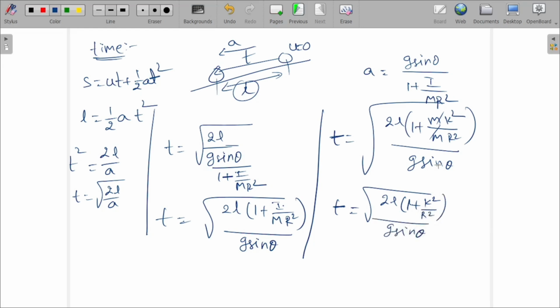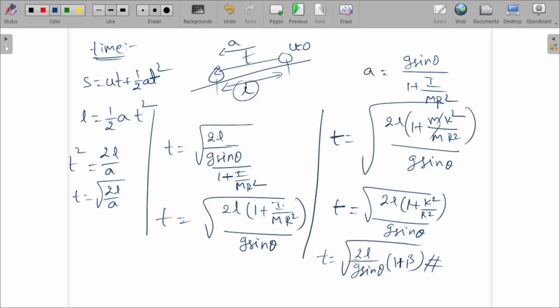Just before we discussed, k square by r square is written as beta. So t equal to root over 2L by g sin theta into 1 plus beta. So this is time. Okay, clear?